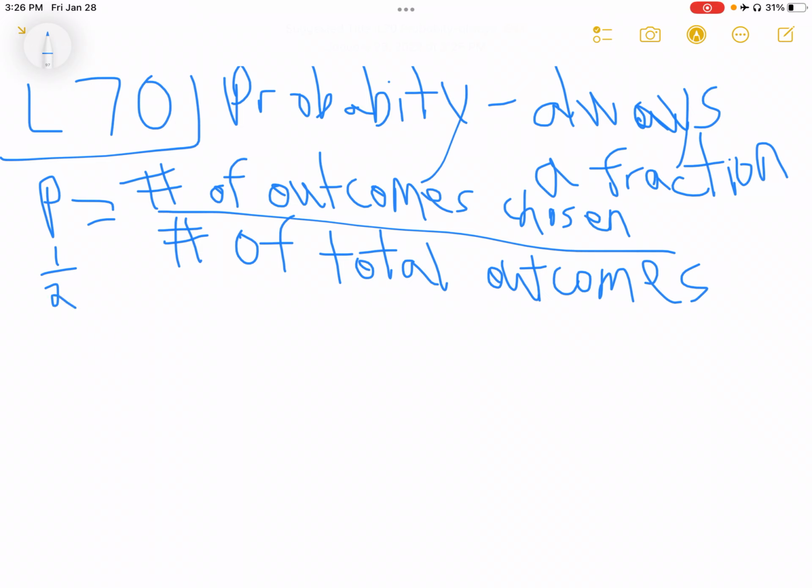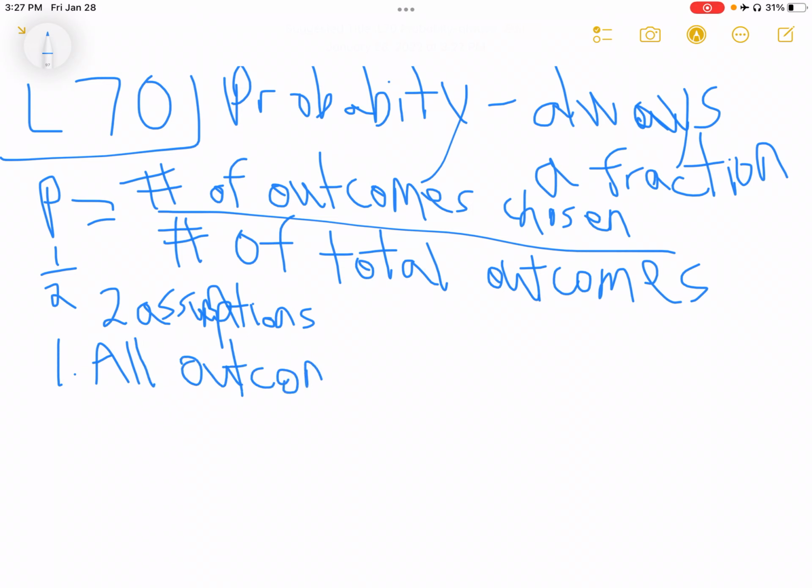Okay, and then as long as the coin is a normal coin, I suppose, we make 2 assumptions here. Oops, I missed an M here. Assumptions. First is that all outcomes are equally likely.